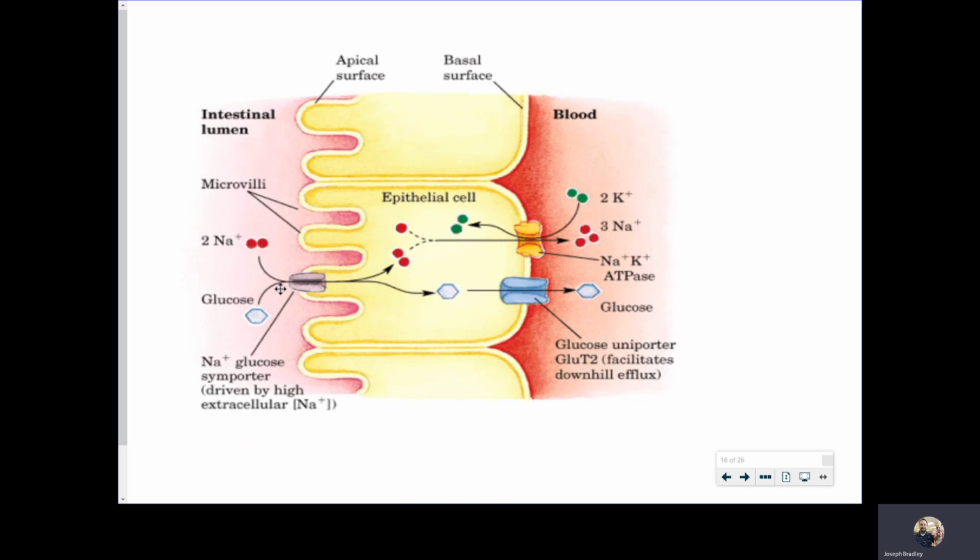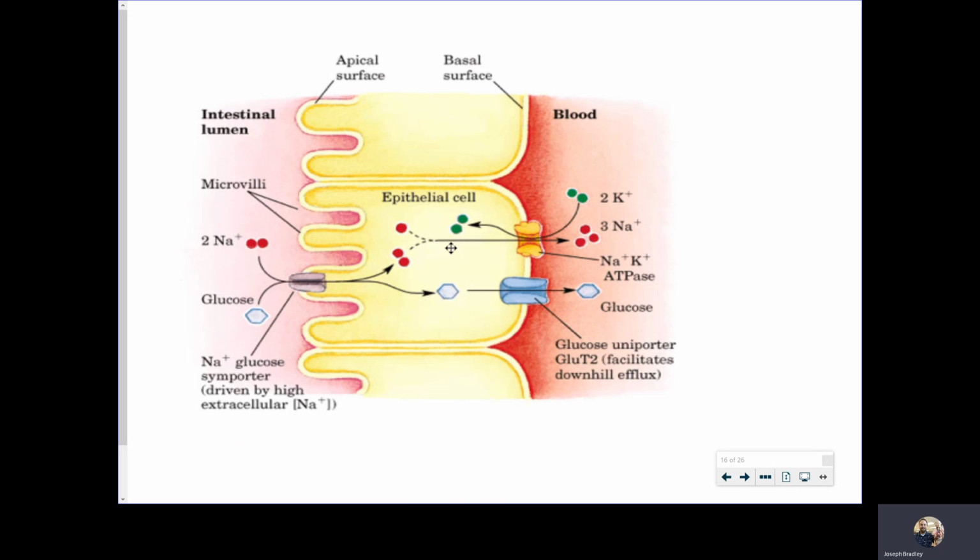Well, glucose is going to travel by facilitated diffusion, but it's also going to travel through with sodium. So this is kind of like a secondary active transport. This is a glucose transporter, but it requires that sodium travels through as well. The glucose has to go from high concentration to low concentration. Sodium is only going to go through when there is a low concentration of sodium in here. So how do we maintain a low concentration of sodium?